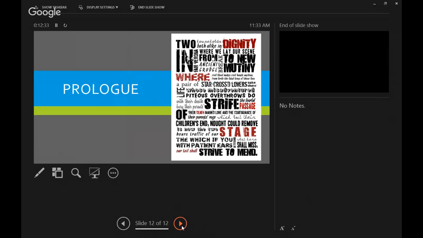One of the most famous prologues is probably from Romeo and Juliet, which is on your screen, because the prologue actually gives away the play in this case. But the idea is that you would read then to find out the details and how things came to be. You read for the how versus reading for what happens. Prologue is meant to prepare the reader for what is to come, if you want to say it that way.